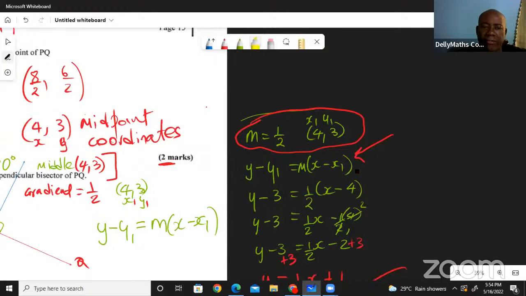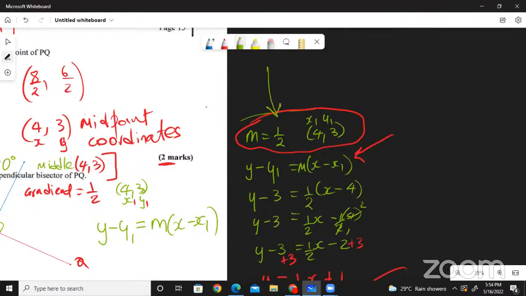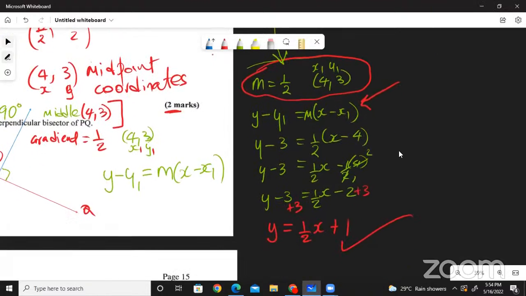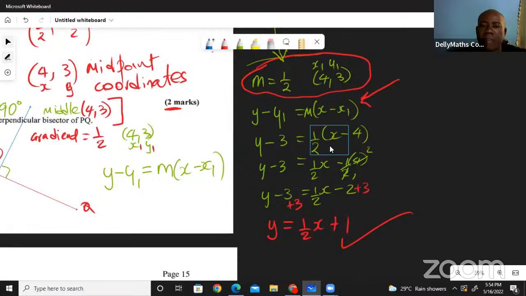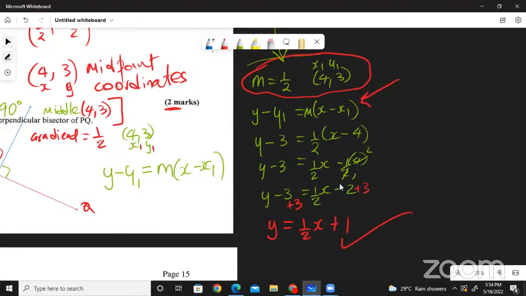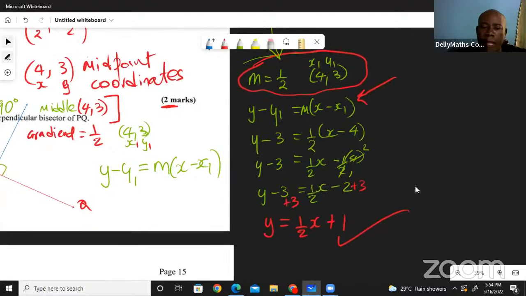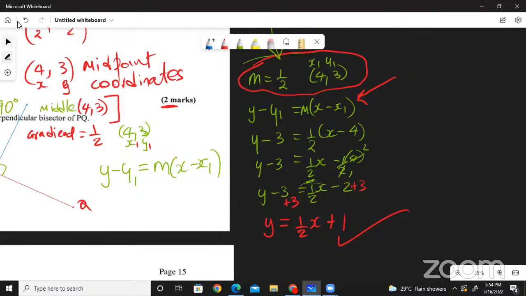The gradient is a half. Okay, sir. Yeah, there is no negative in front of anything. I'm not seeing negative, so maybe it's what you're looking at. It's positive a half that was used. Okay, sir. And the numbers were correct, because negative a half times x is just half x. No, I'm not seeing any negative. Okay, sir.